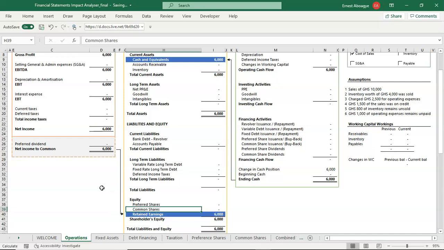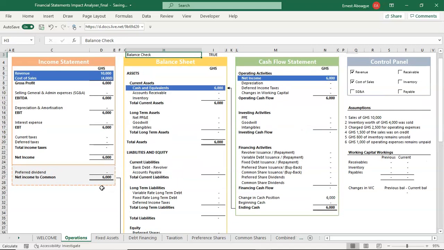And then this net income line in the income statement will also feed your cash flow, which will also be 6,000. There are no notional costs, depreciation, and deferred income impact on this yet.